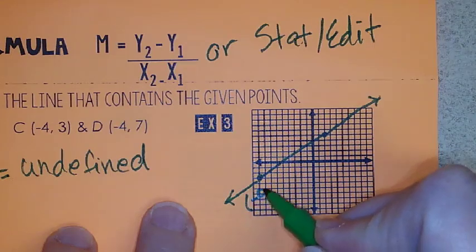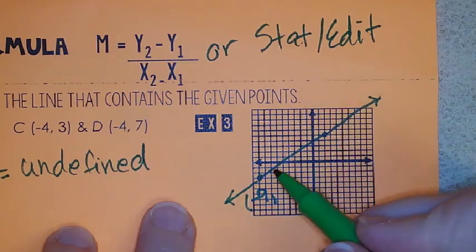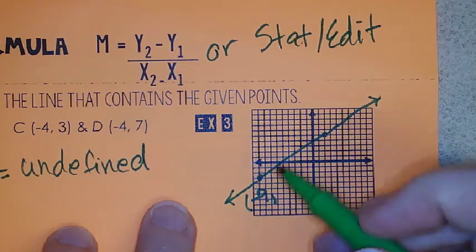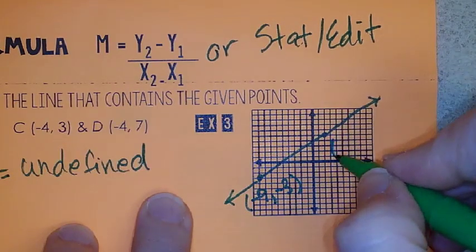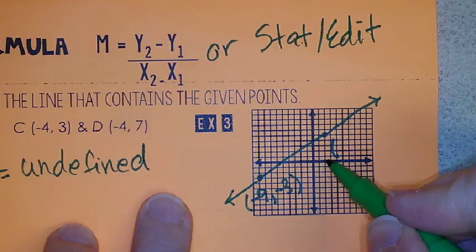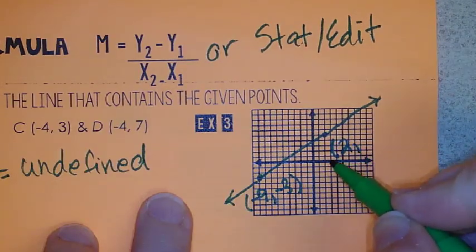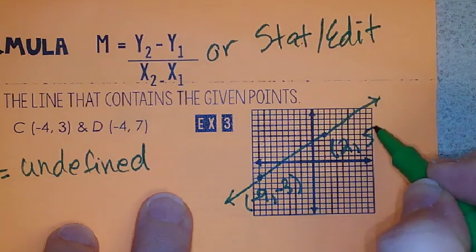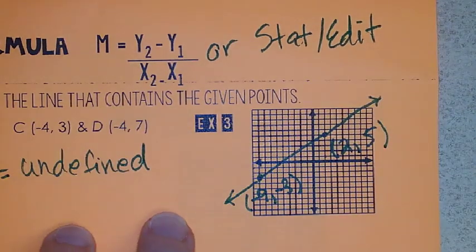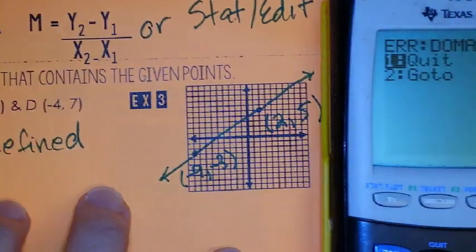So the coordinate is negative 9, comma. And then I go down 1, 2, 3, so that's negative 3 in the y direction. And then this point over here, I go over 1, 2 in the positive x direction, and then up 1, 2, 3, 4, 5 in the positive y direction. So there are the coordinates of my point.